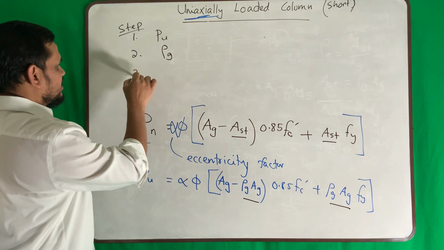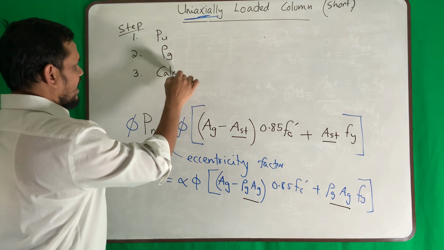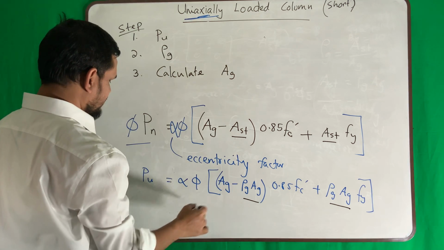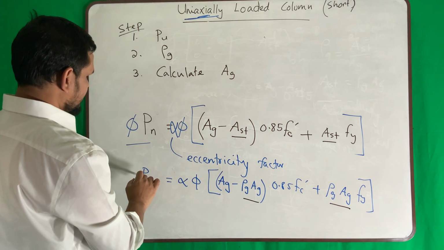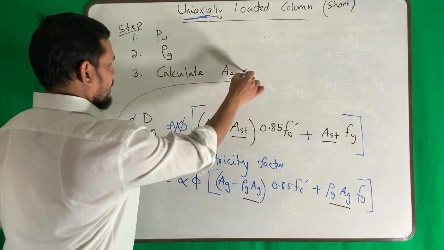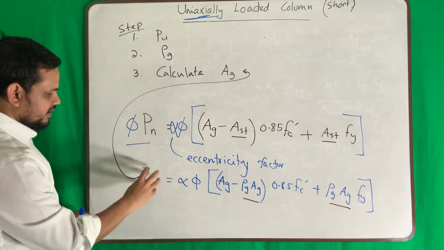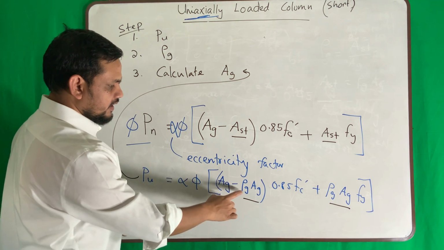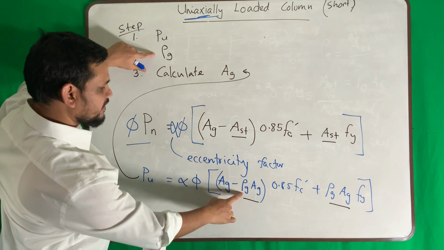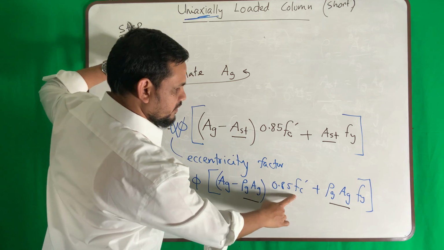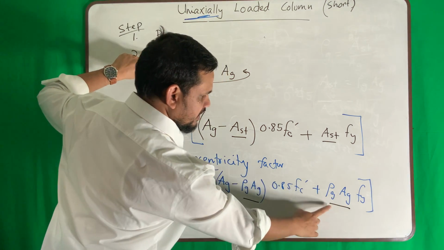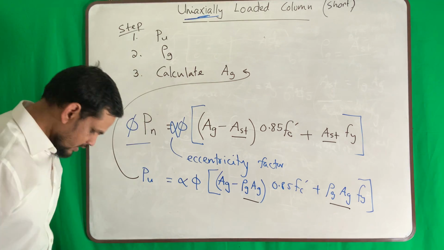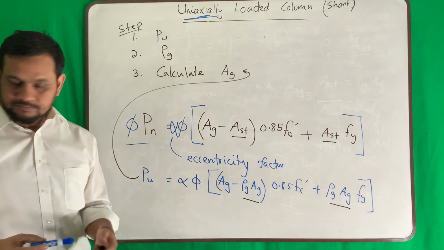So step number 3, calculate AZ. How to calculate? Use this equation. Rho Z you assumed in step number 2, so this is known. This is known. So the only unknown is AZ. So calculate AZ using this equation.